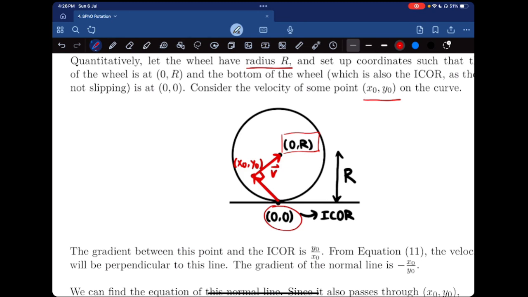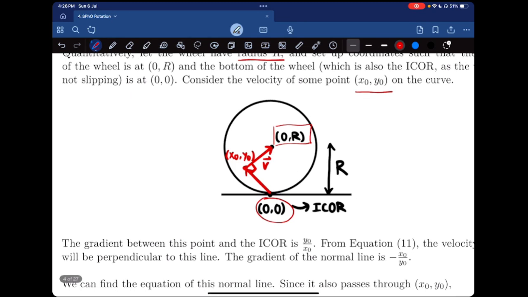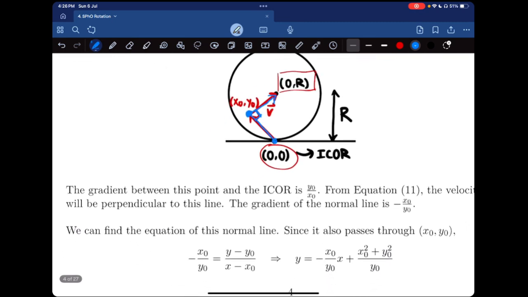And you can see here that if we draw a line from this point to the I core, it will be perpendicular to the velocity vector of this point. That's the nice geometrical fact that I used from just now. So we can describe the gradient between this point and the I core.